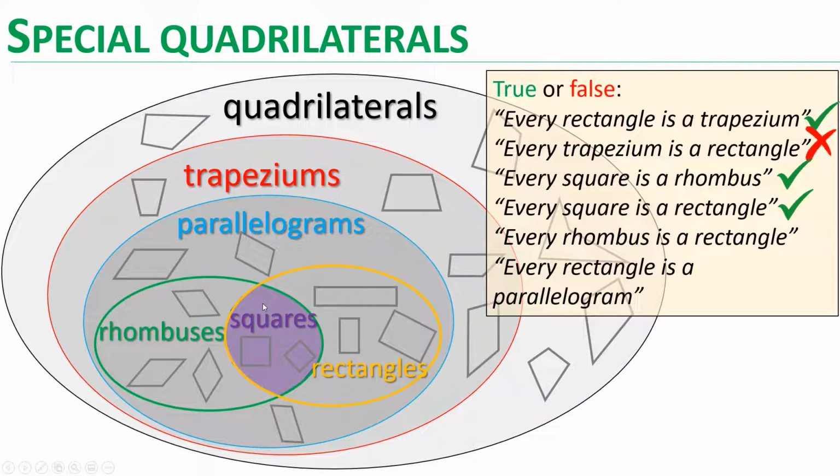Well, we can look outside the group of rectangles and still find a rhombus. So this rhombus is not a rectangle, so not every rhombus is a rectangle. Is every rectangle a parallelogram? Well, all of these rectangles are also in this larger group of parallelograms, so yes, every rectangle is a parallelogram.